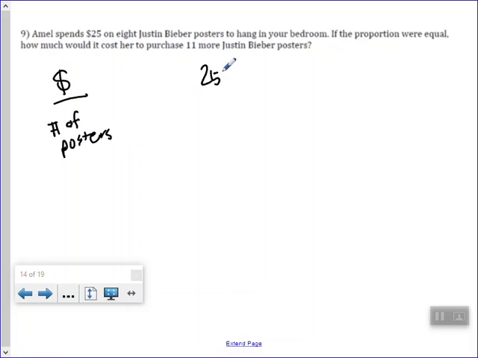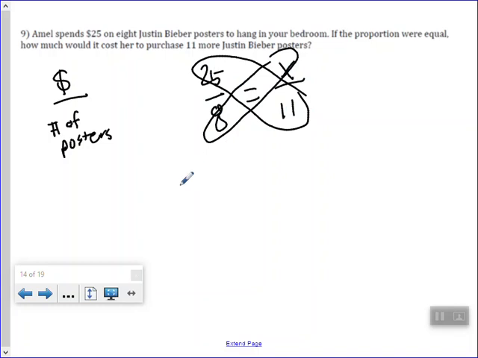So $25 per 8, and she wants to buy 11 more. We don't know how much it is, but you can set up 11 at the bottom and then do cross multiplication. So 25 times 11 equals 8 times x.